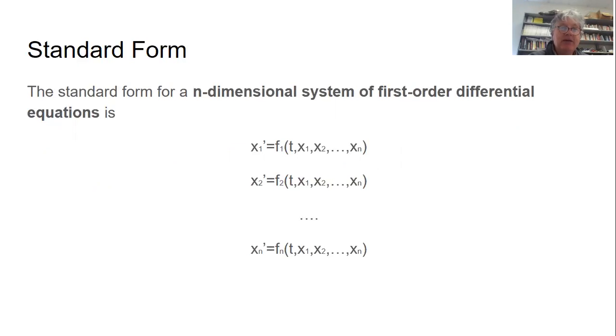So standard form for an n-dimensional system of first order differential equations is the following. So we've got n equations with n dependent variables plus 1 independent variable. So f1 through fn are functions of those n dependent variables plus t.